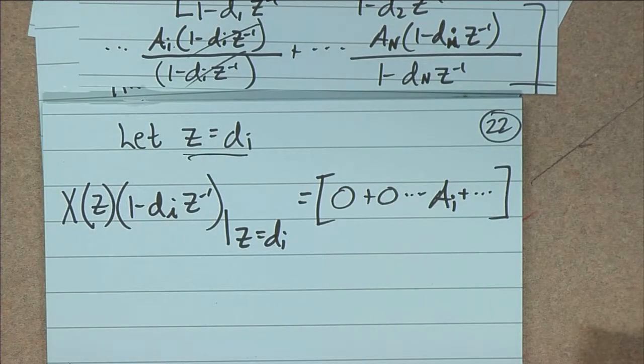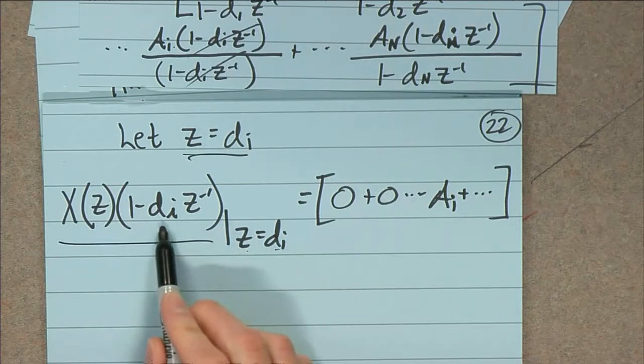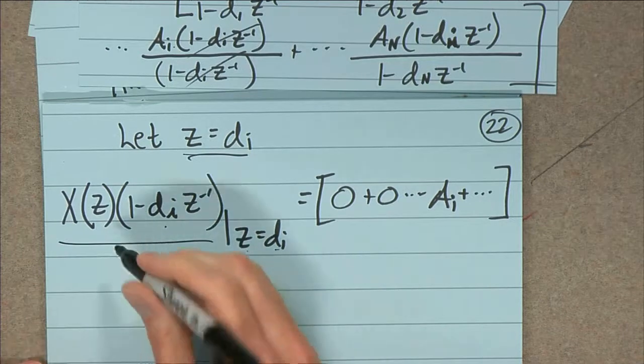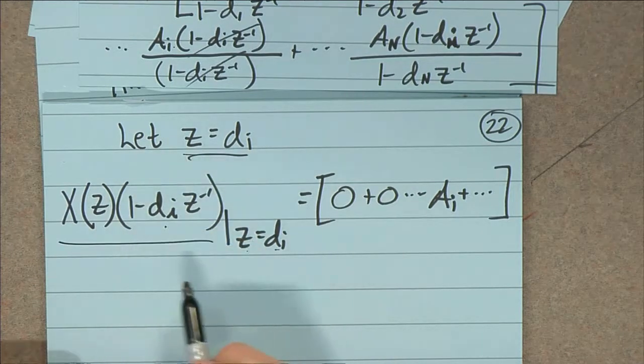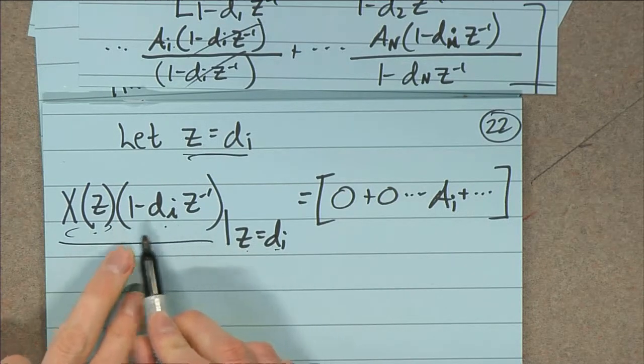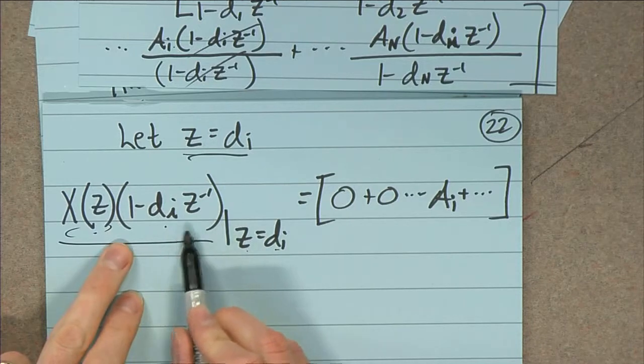Now you might say, well, that's all well and good, but what happened over here? Why didn't setting z equal to d sub i in this expression annihilate this side too? Well, this side doesn't go to 0 because there's a term in x of z, since we're multiplying it by both sides.